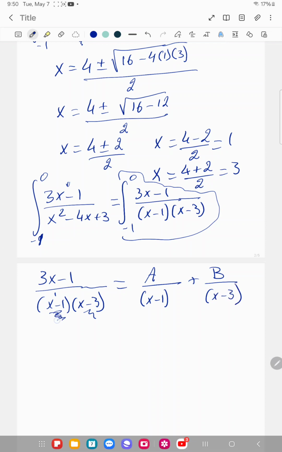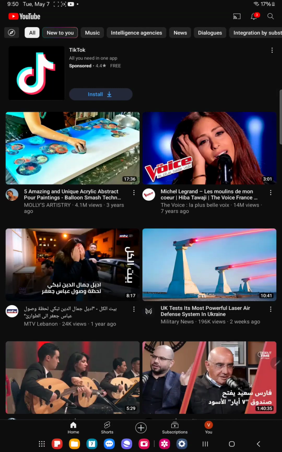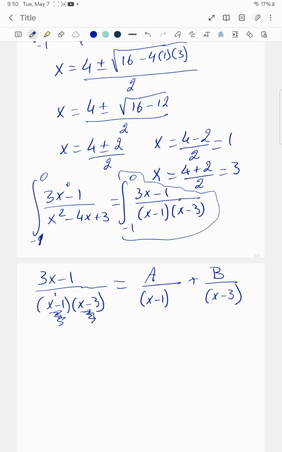If I had a quadratic function here, let's say I have x squared minus 3x or something, my b would become bx plus c if I have x squared here. But here I have x to the power of 1, so my b is just b. There is no plus c.